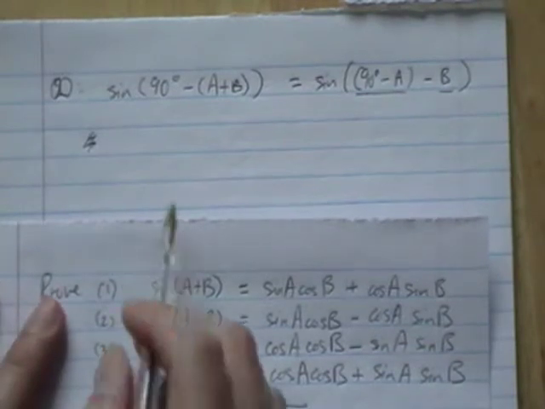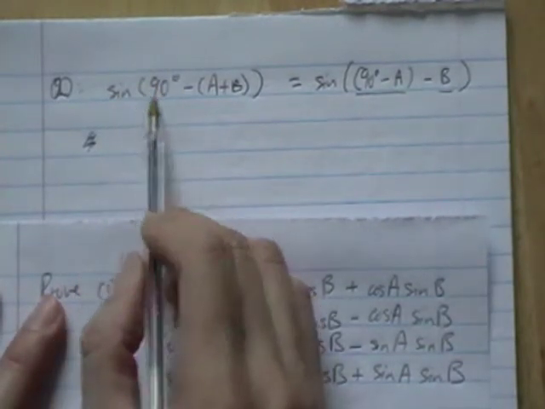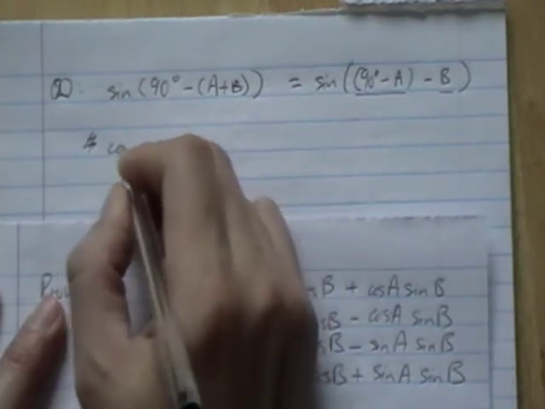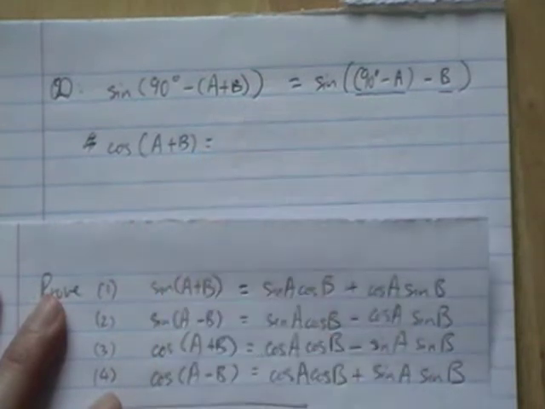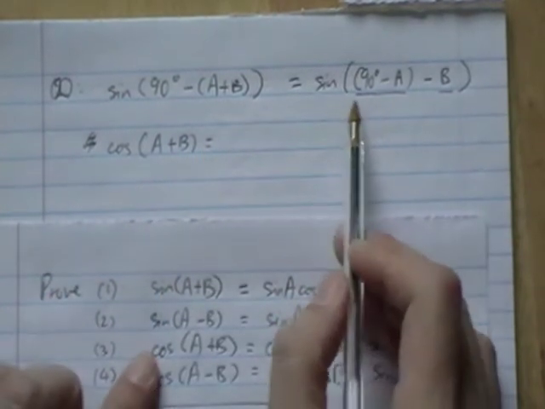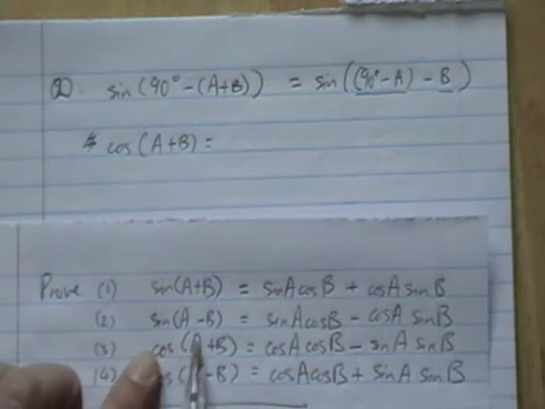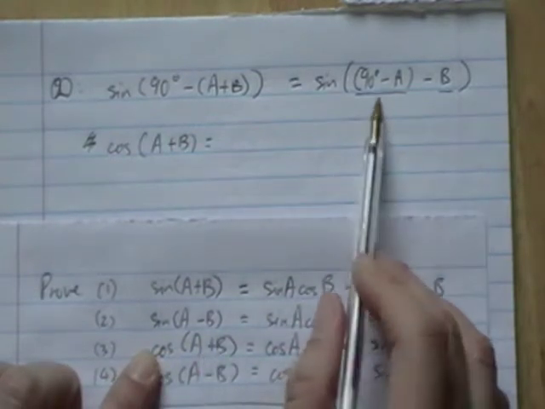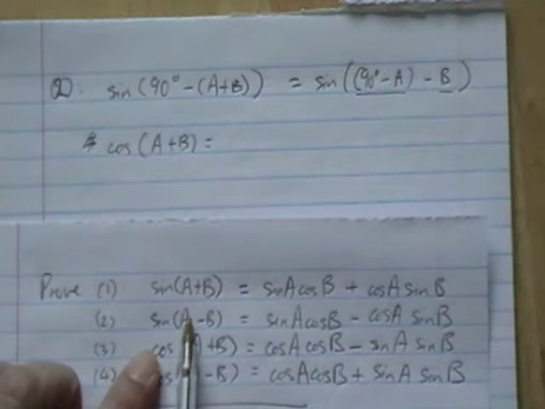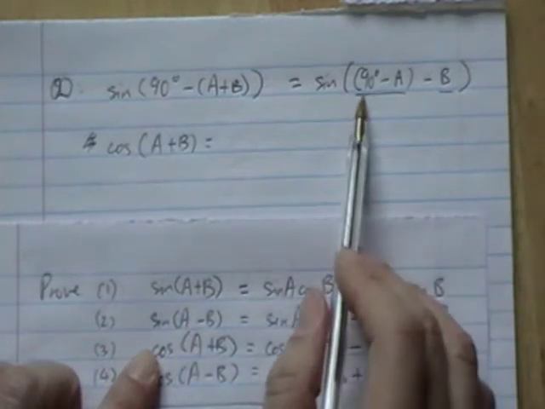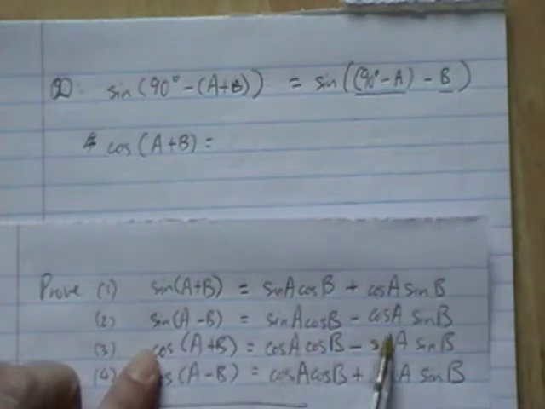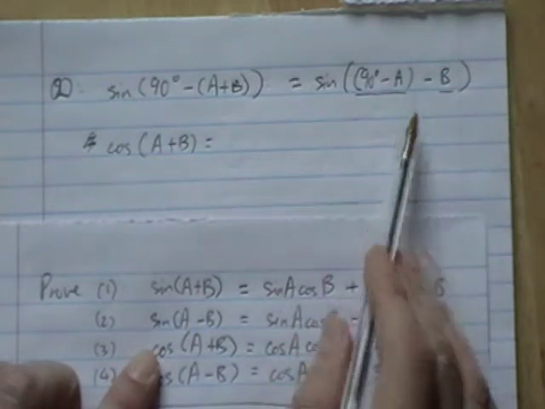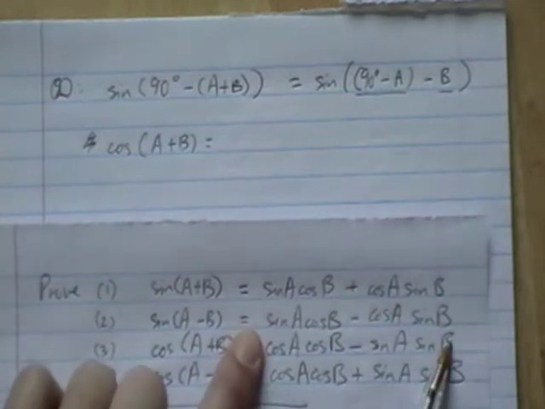Alright. Next, I'll say sine of 90 degrees minus angle is equal to cosine of the angle, as I mentioned just now. And then I make use of the second identity here, angle minus angle. So instead of A, I have 90 minus A. Alright, so I would replace the A there and the A there by 90 minus A. So let me copy this out now with that substitution.